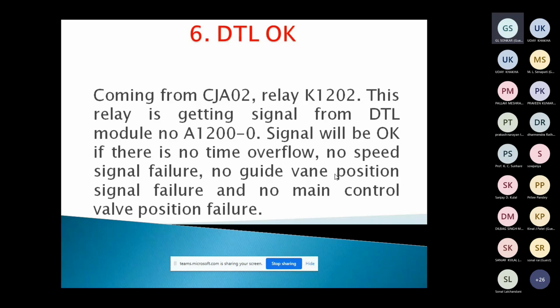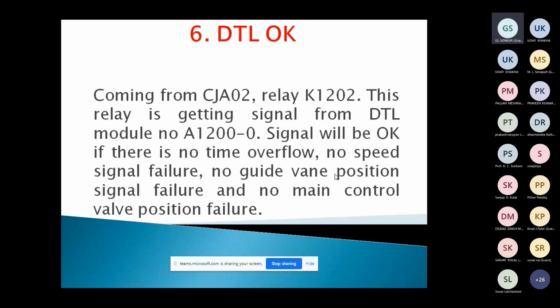Speed signal is not coming means the sensor you put on the top for measuring the speed is not giving a signal. Either the sensor is damaged or the wire is damaged. Position failure means guide vane position, what you want and what you are getting. If there is a difference, I need the guide vane 45% open, but it is opening up to only 39%. That is a position failure.